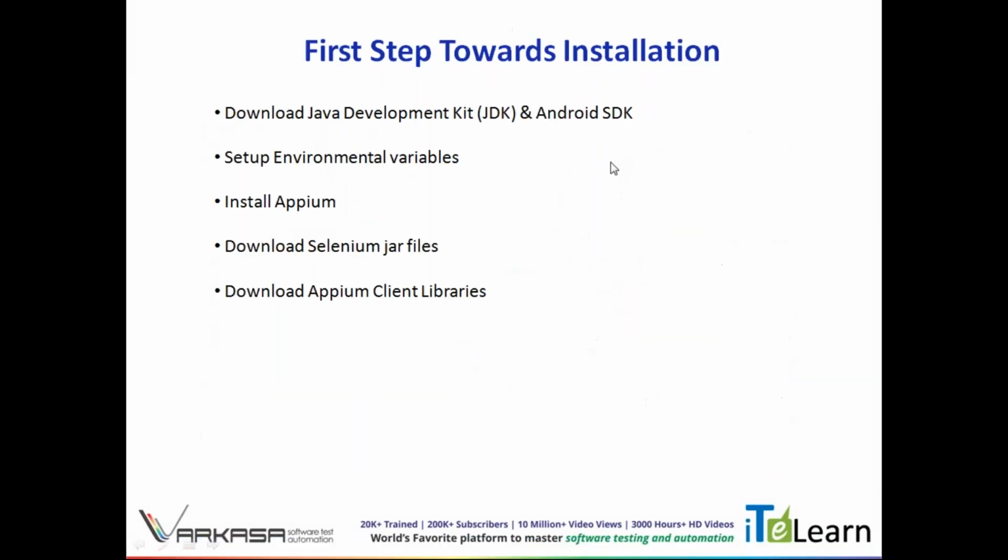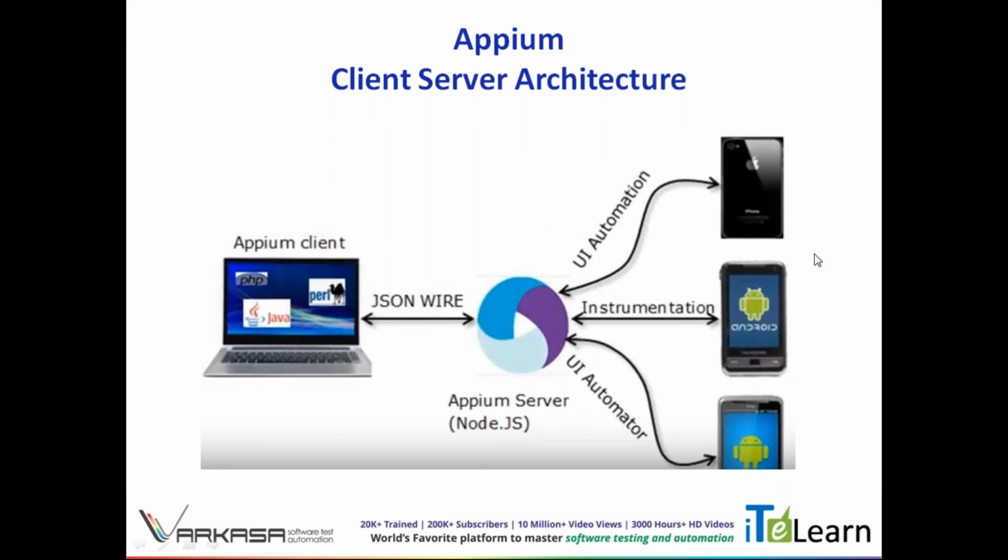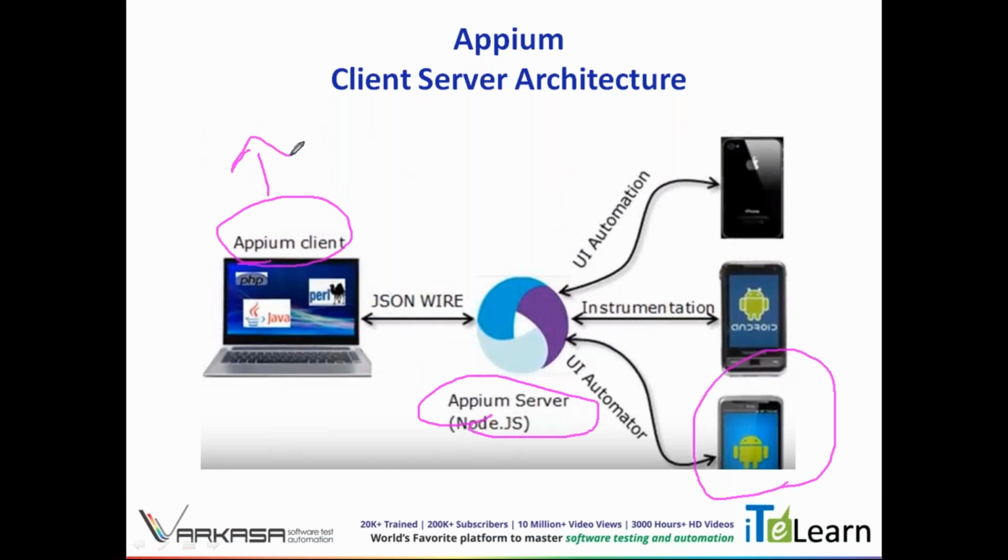In this diagram you can see that Appium follows a client-server architecture. Obviously it is a client-server architecture, but how does the workflow actually work? Here you have three components: the Appium client, the Appium server, and the end device. The Appium client is where you write your automation code.